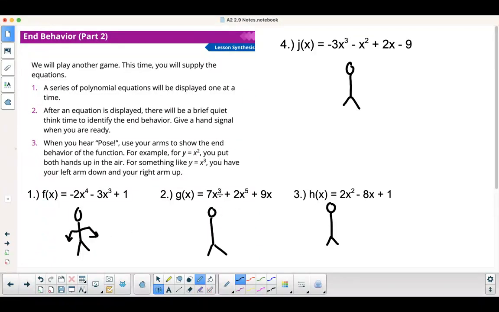Odd, positive leading coefficient, so right side up, left side down. Even degree, positive leading coefficient, both up. Negative leading coefficient, odd degree, so left side up, right side down.